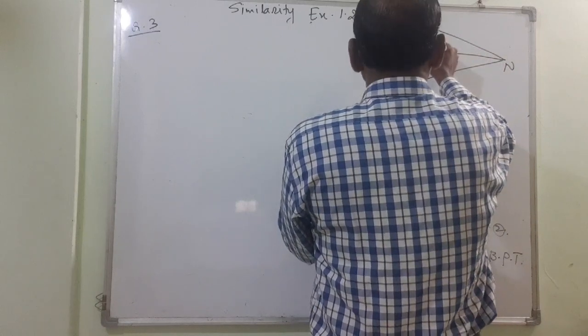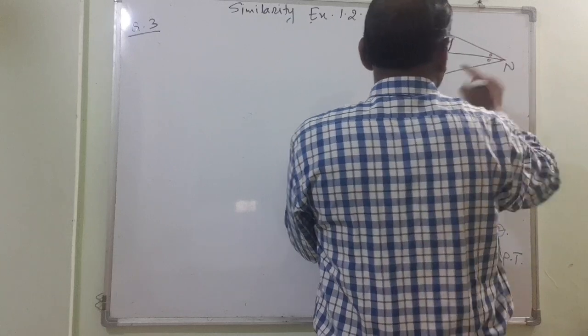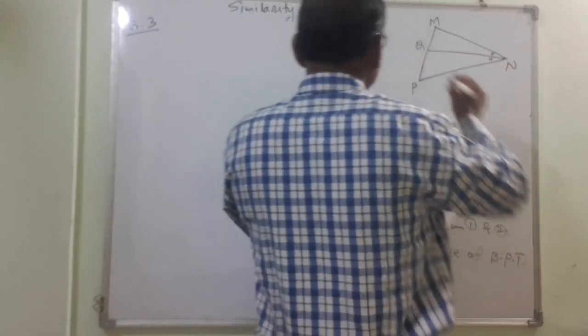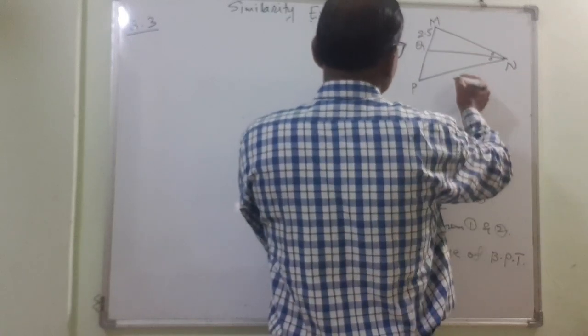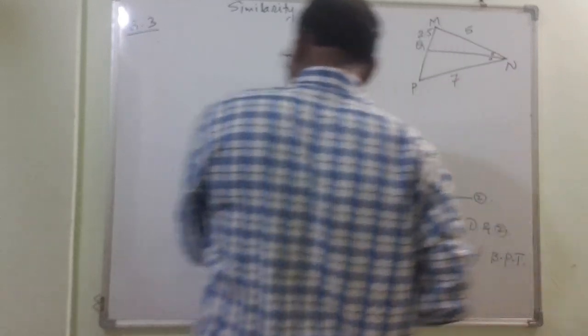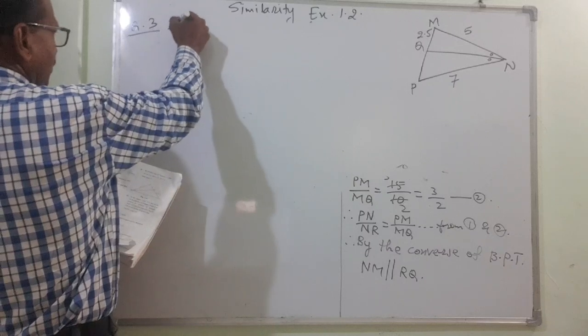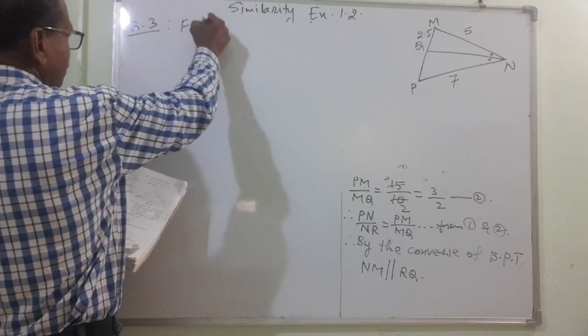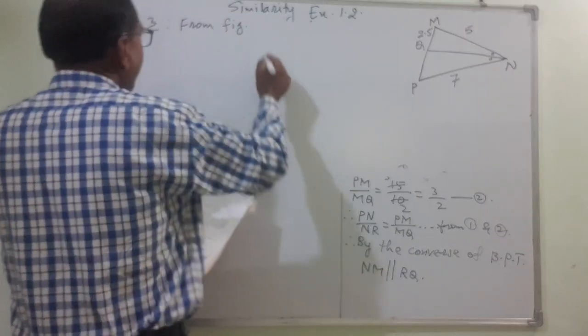Here it is Q. This and this is shown equal, that means it is an angle bisector. This is 2.5, this is 7 and this is 5. From the figure, find QP.